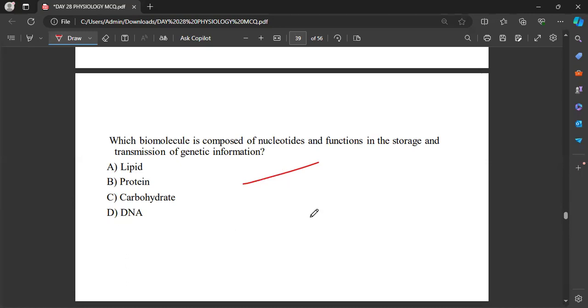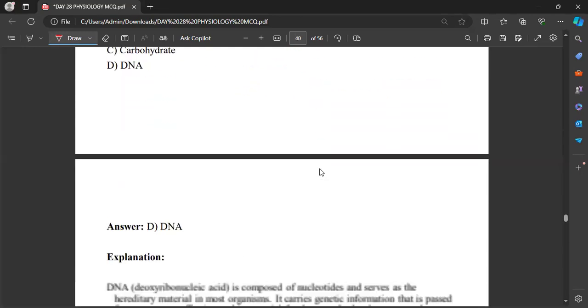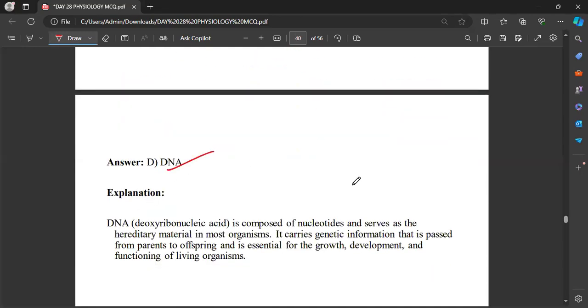Why is it? Okay, answer. This biomolecule is composed of nucleotides and functions in storage and transmission of genetic information, and that will be none other than our DNA.